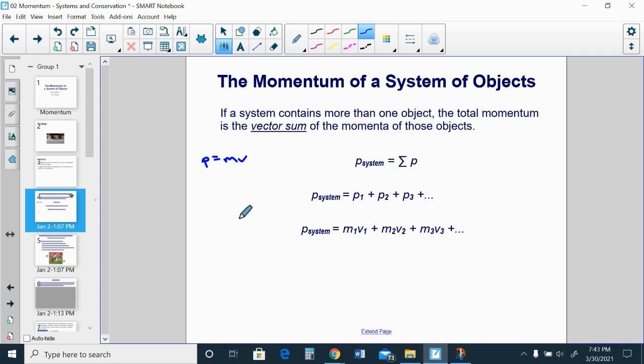So for object 1, it's the mass times velocity of object 1 plus the mass times velocity of object 2 plus the mass times velocity of object 3 plus however many other objects are involved in this system. And by doing that, you would get the momentum of the system as a whole.